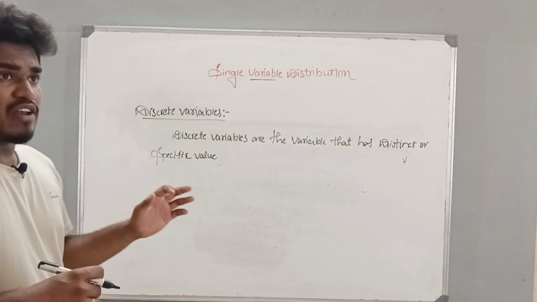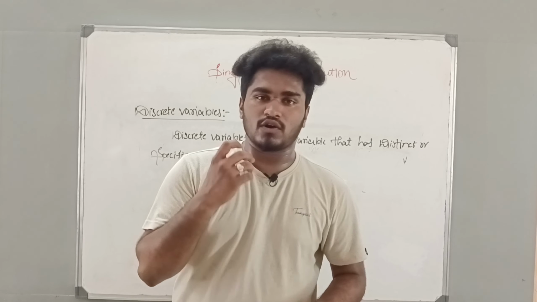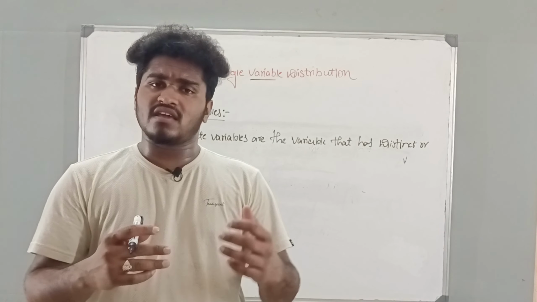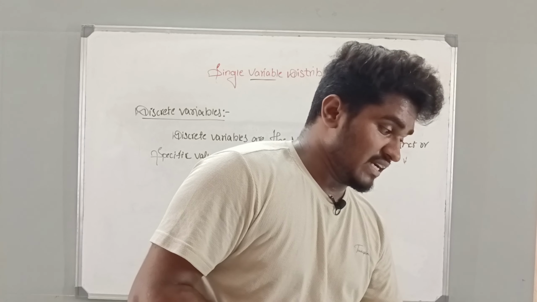While we are performing random experiments like tossing a coin or rolling a dice, we can predict what the outcome is, right? That comes under these discrete variables.